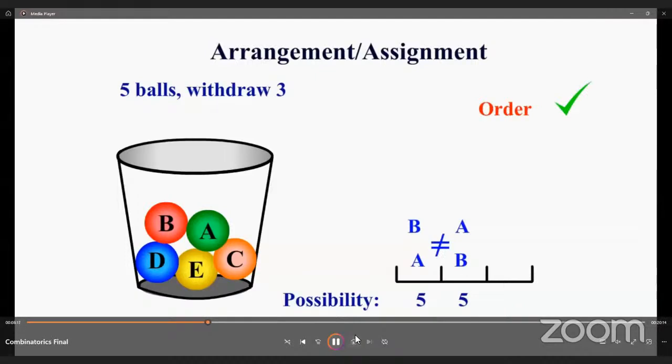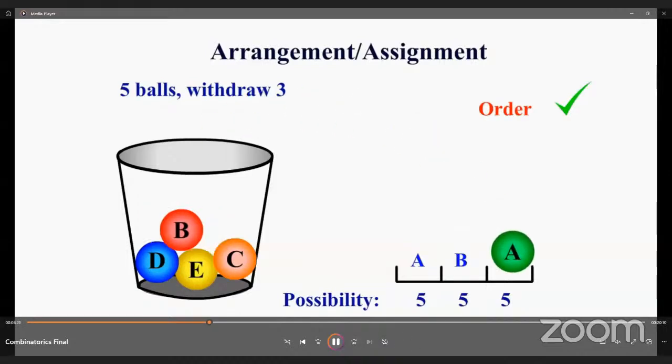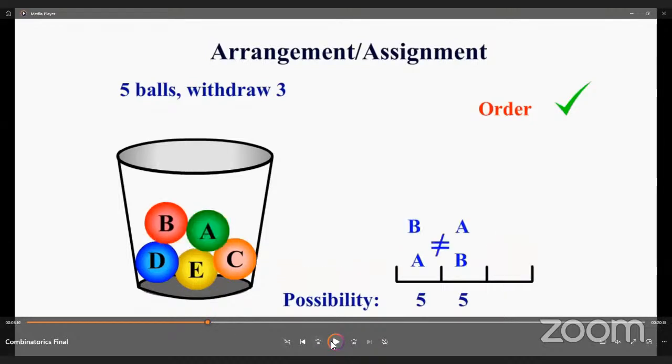Now you take the third ball. There are still 5 possibilities. When you take the third ball, the first ball was A. Now the question is, can you take A again for the third withdrawal?